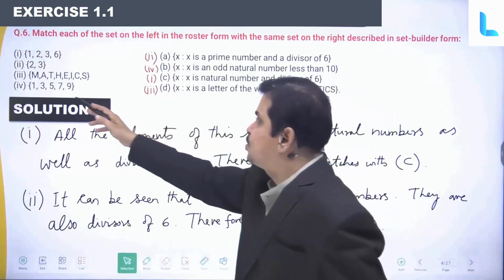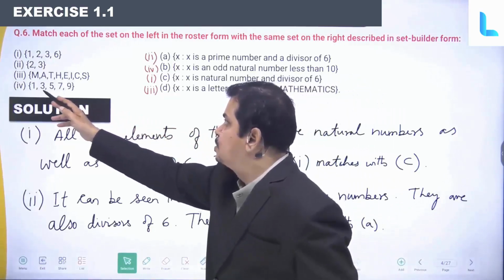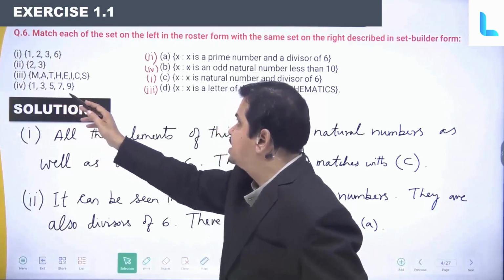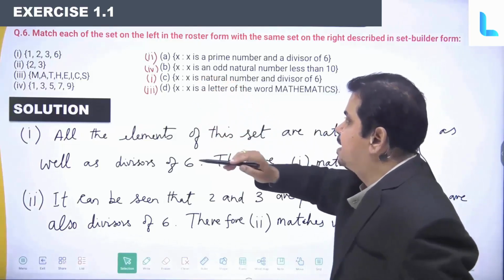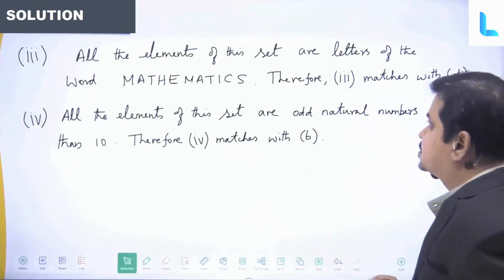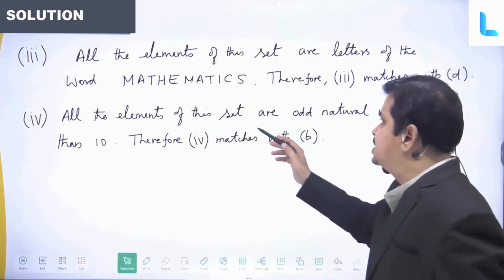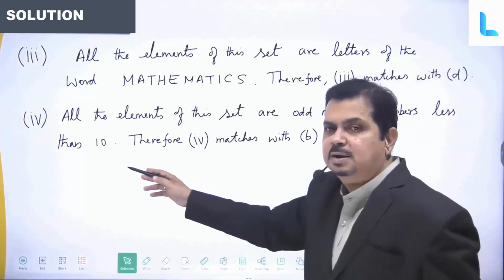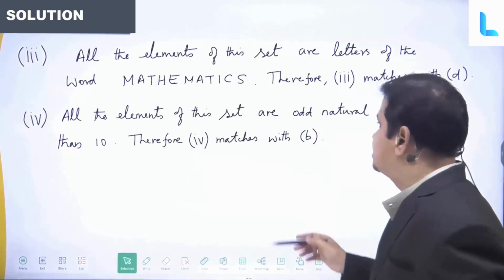So what is required here in the roster form is the elements 1, 3, 5, 7, 9, which matches with item A. So we can clearly tell that all the elements of the set are odd natural numbers and they are less than 10. Therefore 4 matches with B.